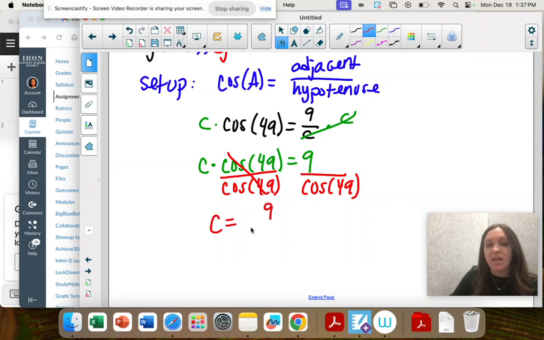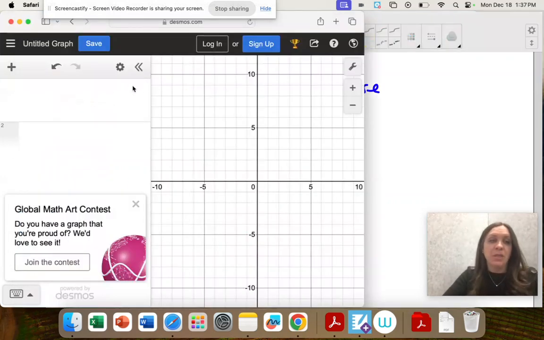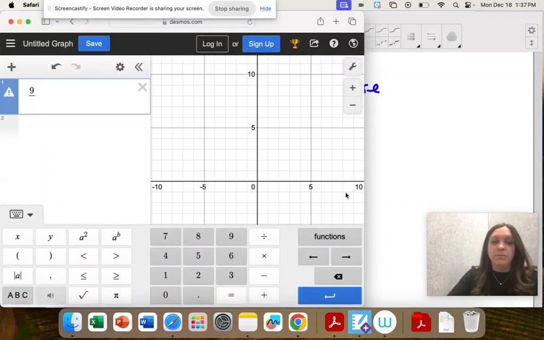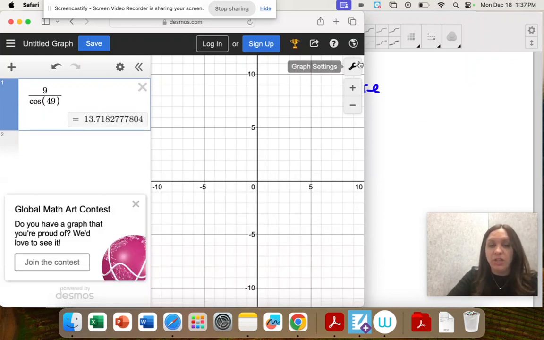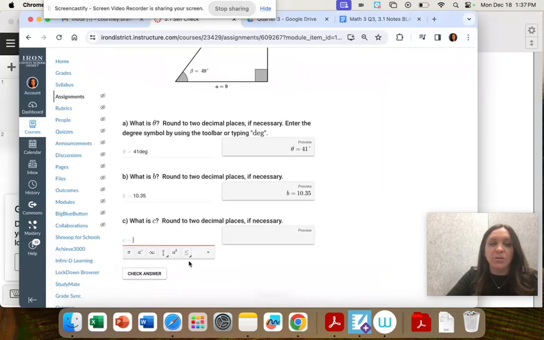Side c is 9 divided by cosine of 49. And we're going to put that in our calculator. And I already changed to degrees. So 13.72 is our rounded answer.